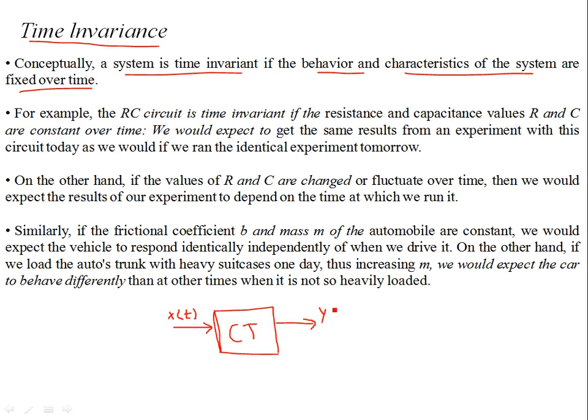Now, if the system is time invariant, then if you apply the same input delayed by some finite interval, call it capital T, as a consequence, the output y of t will also be delayed by the same amount of time. Okay, so you can say that this is a waveform preserving transformation.